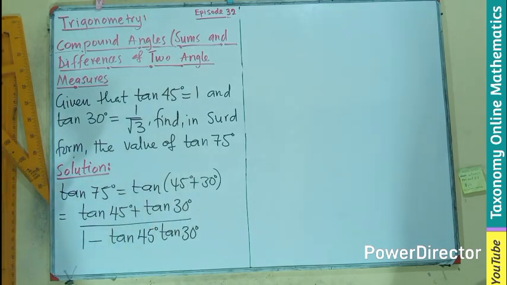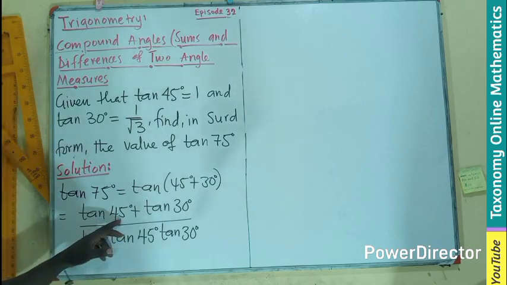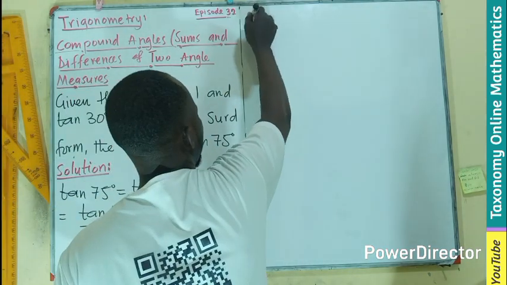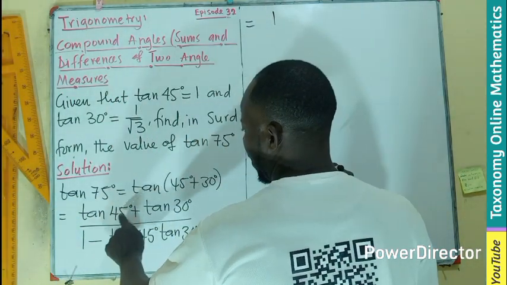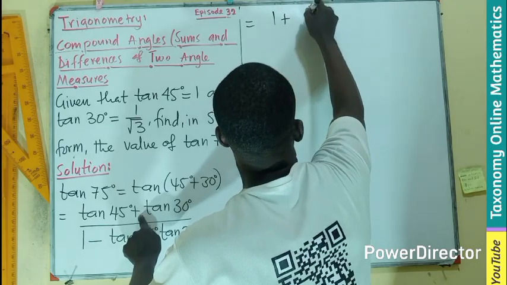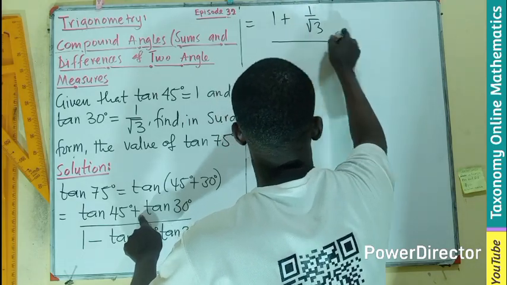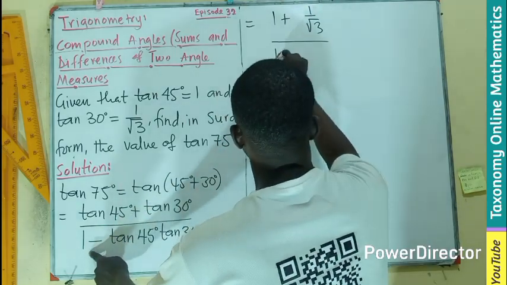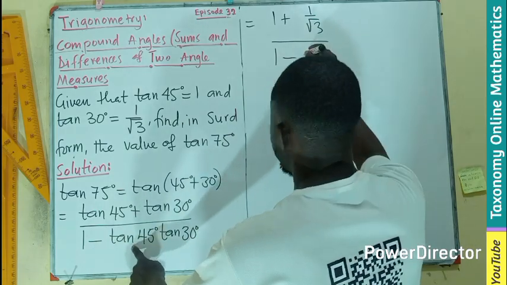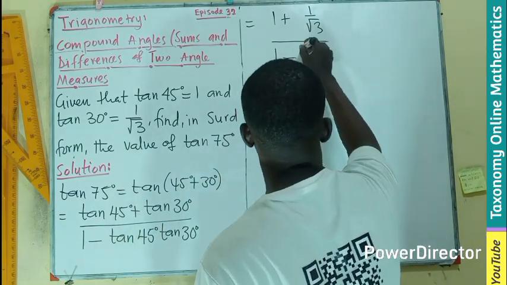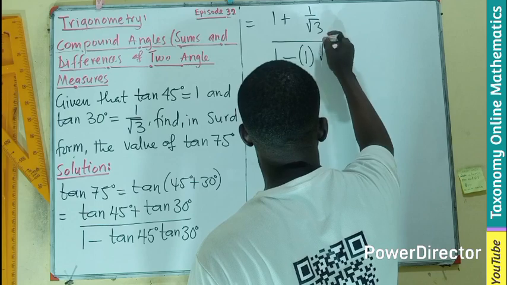So we only do a mere substitution of what this stands for, and that means 1 in the case of this, plus 1 over the root of 3, divided by 1 minus 1 times this. Let me write it for the sake of learning.